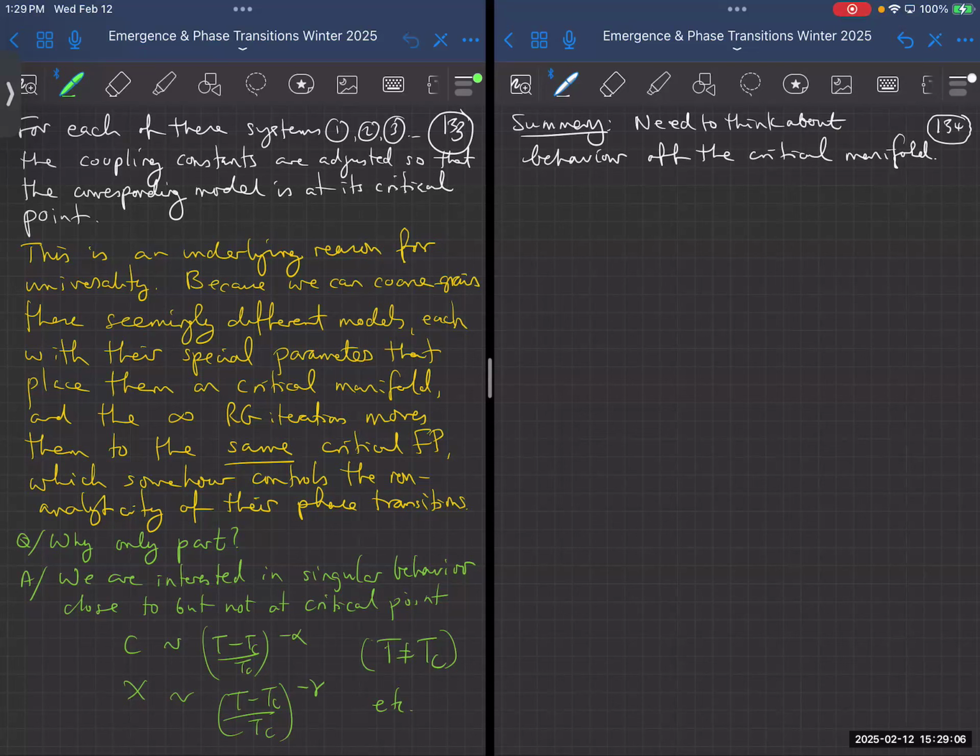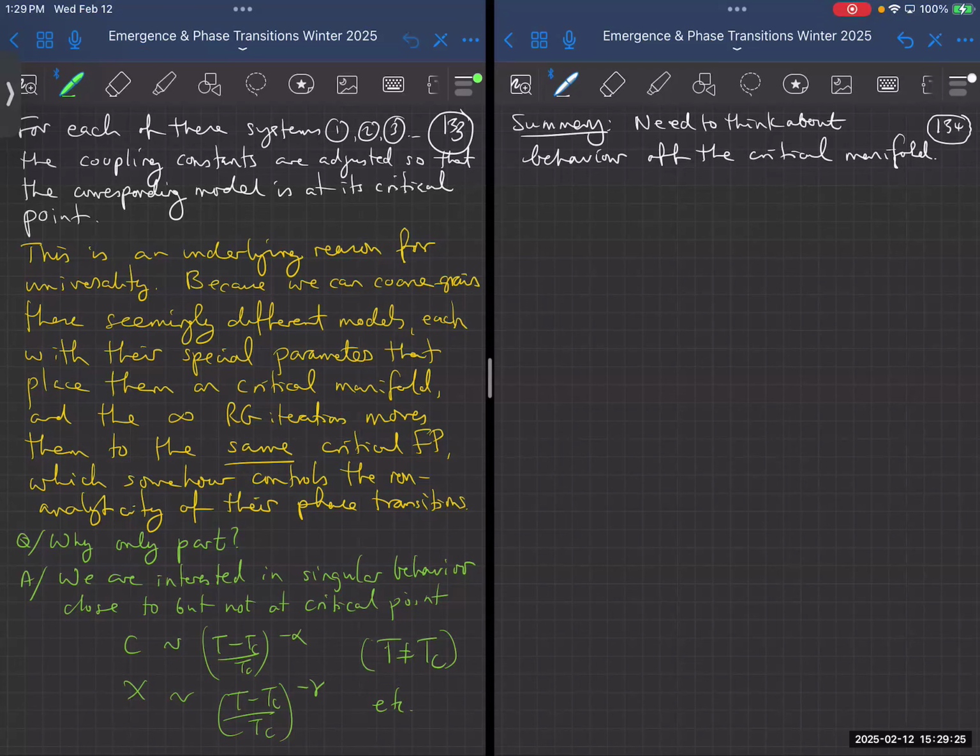Okay, so what we're going to do is, we can't study the behavior everywhere, that's too hard. So what we're going to do now is look at the local behavior near but not at the critical manifold. So you had a question?